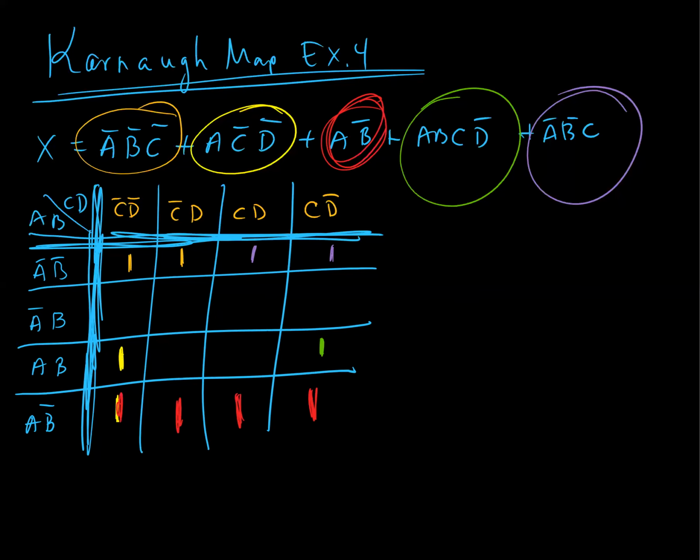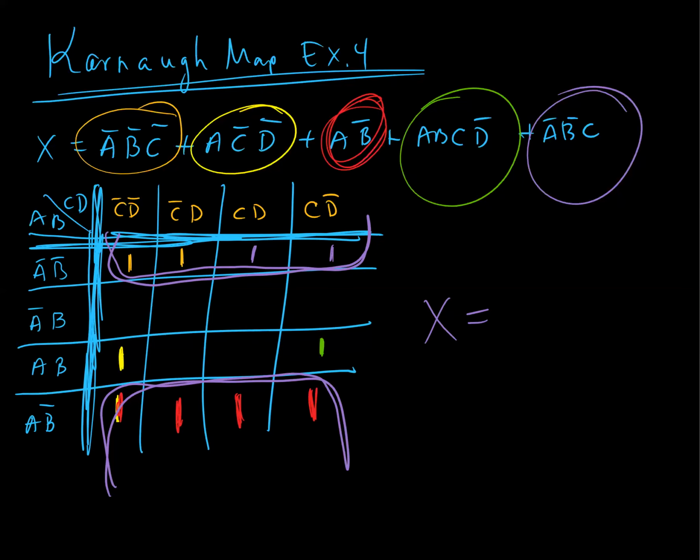So looking at this map, at first you might think that your largest grouping is 4, but in fact, your largest grouping is actually 8, because you can combine these 4 at the top with these 4 at the bottom to make a grouping. And then when I look at that grouping, A bar, B bar stays the same.